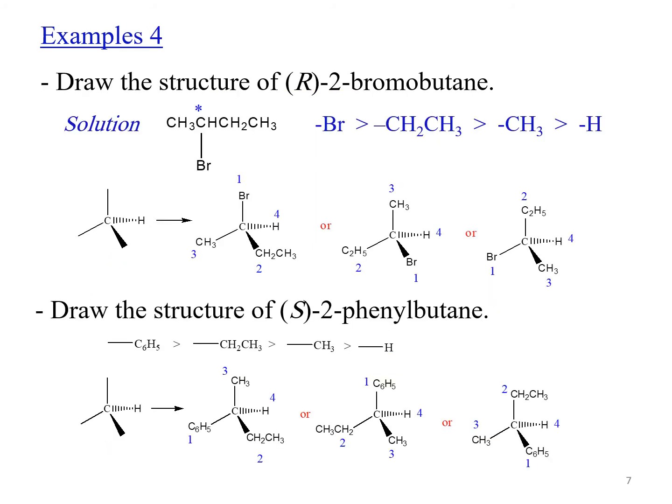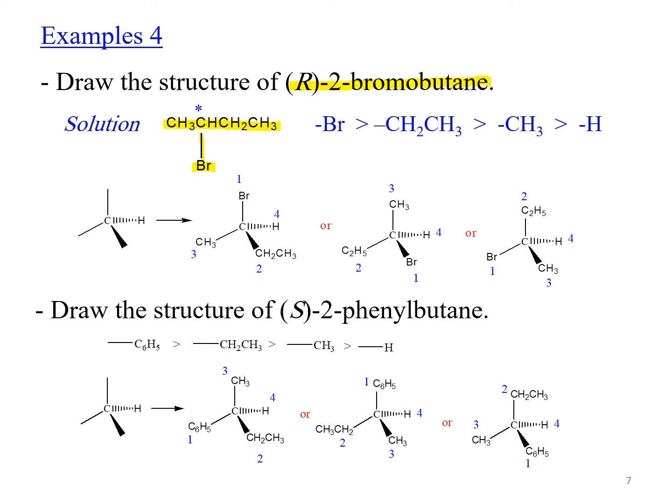So on this slide, the name is given, and we have to draw the structure basically. So it's R-2-bromobutane, and we have to draw the structure. So first up, we draw the regular structure of butane, which has 4 carbons in it, and we fill up the number of hydrogens, and at the second position we attach the bromine atom to make it a 2-bromobutane.